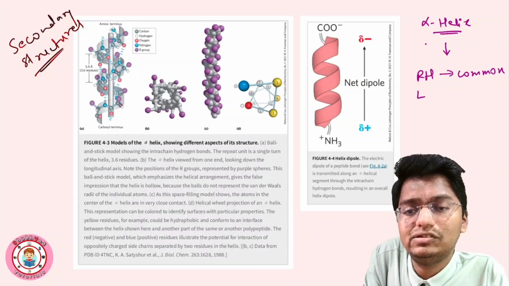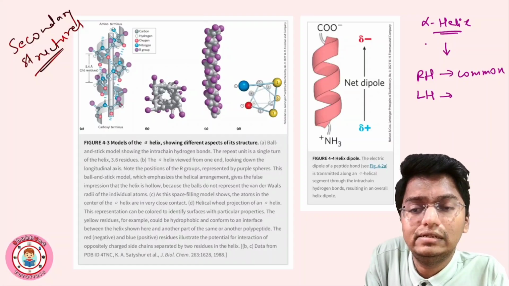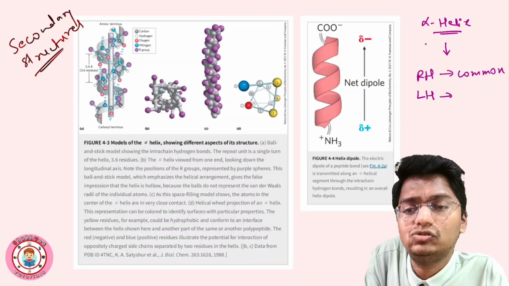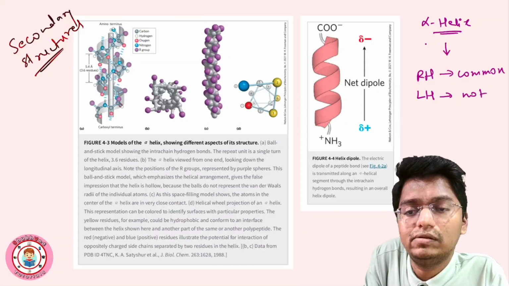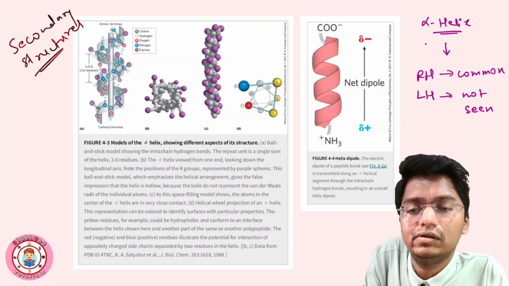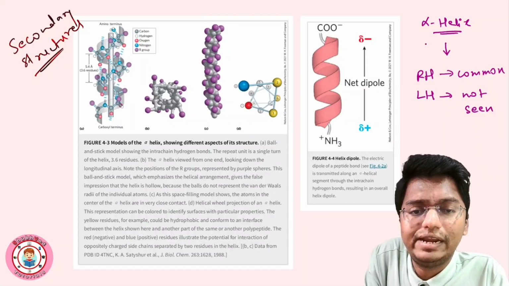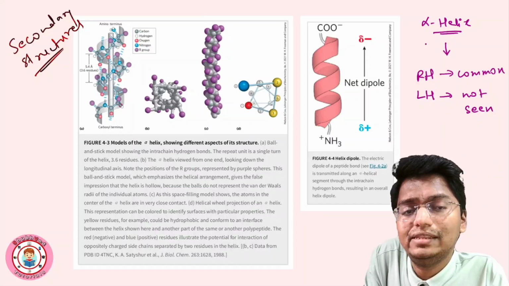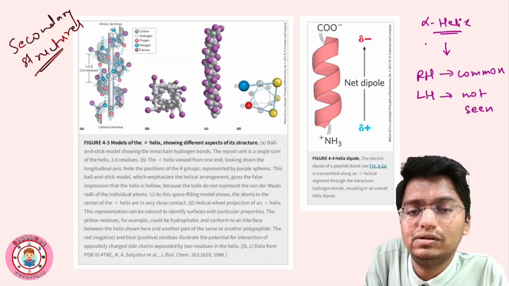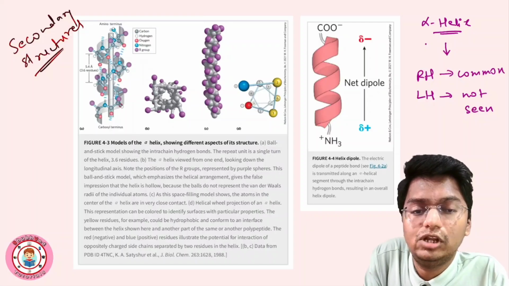And LH जो left-handed है, that is not seen. Theoretically possible है left-handed वाला, but proteins में हमें नहीं दिखने को मिलता. Why? Because it is not stable compared to right-handed structure. Okay.